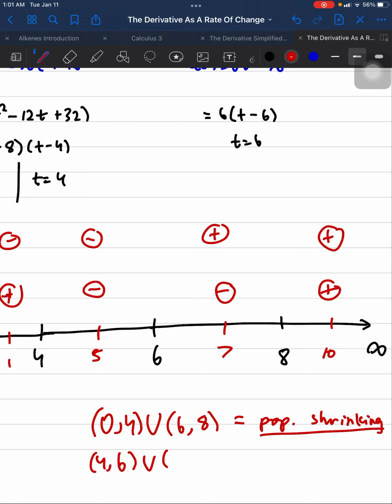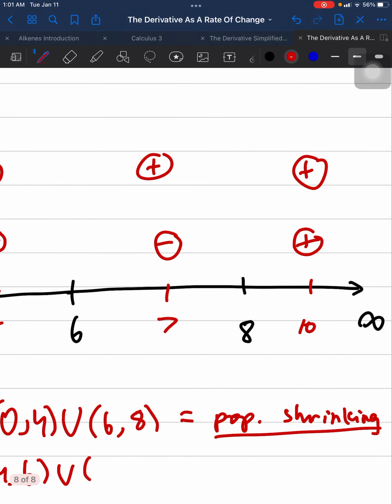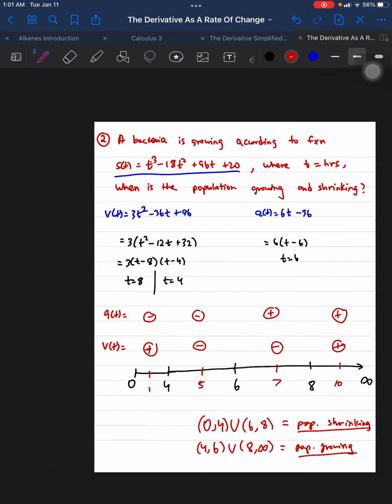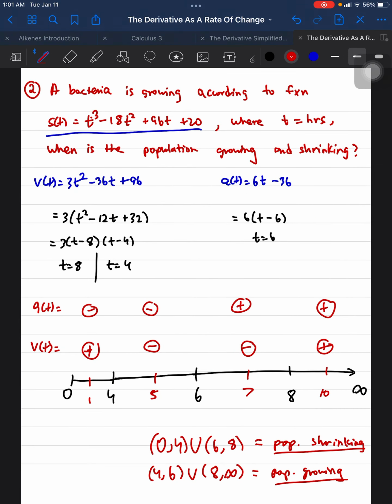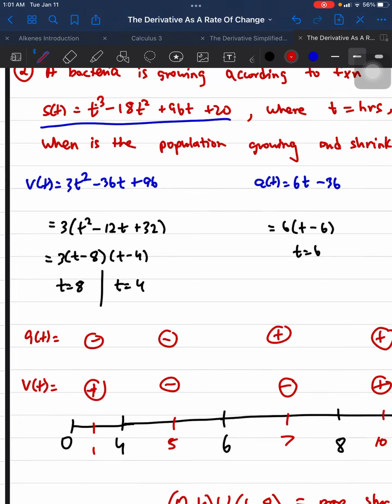So after t equals 8, the bacteria colony keeps on growing from 8 to infinity. Population is growing. And that's the final answer.